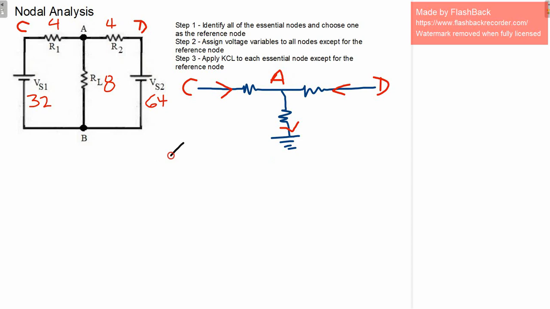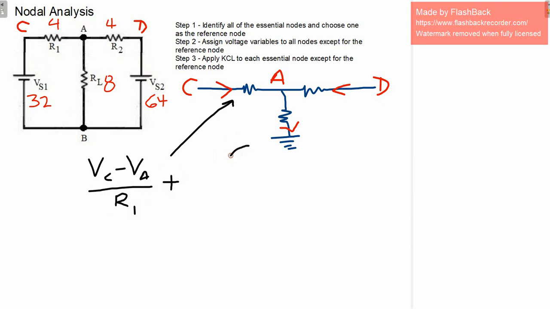Then we're going to write out an equation. Recall that we have that expression, VC minus VA, all over R1, that represents the current going into node A from the left.